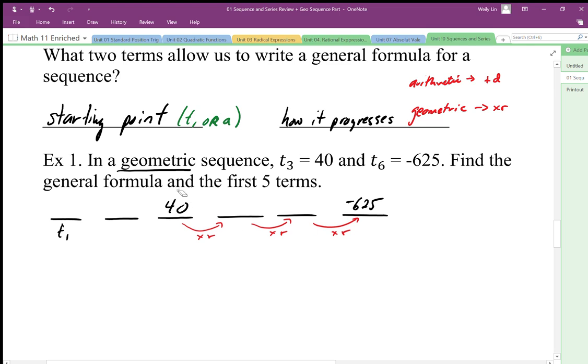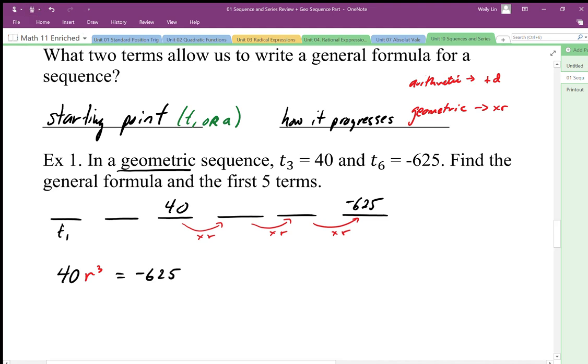And I can write an equation to calculate 40 to negative 625 by rewriting it like this: 40 times r times r times r. Well, that's the same as r cubed. And if I do that, I end up at negative 625. And really, if I figure out times r, I can use that multiplier to work backwards to get to my t1.